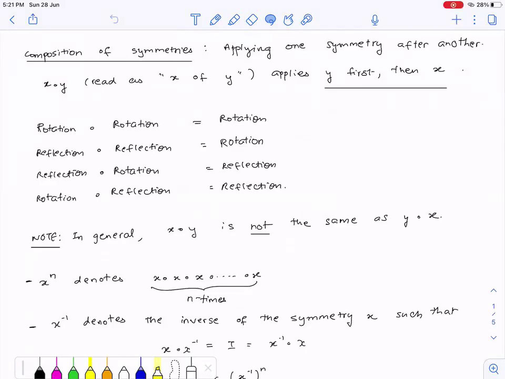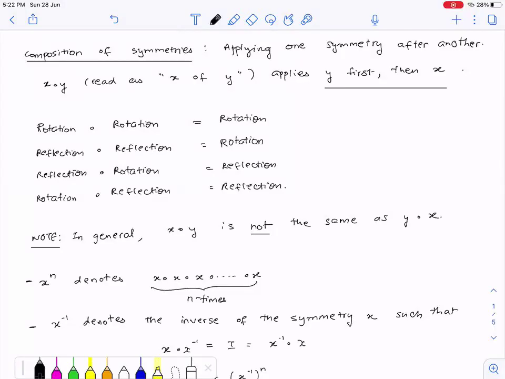Another notation is X o Y. If X and Y are two symmetries, they could be some rotation or some reflection. Then this notation here, X o Y, is read as X of Y, therefore the little o.